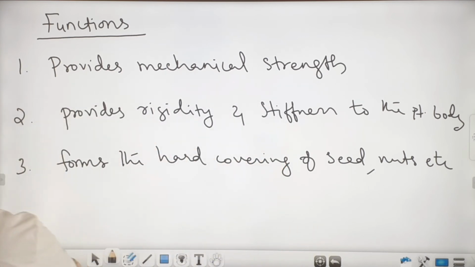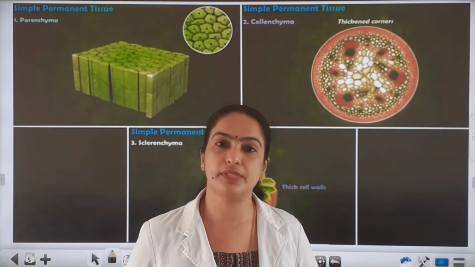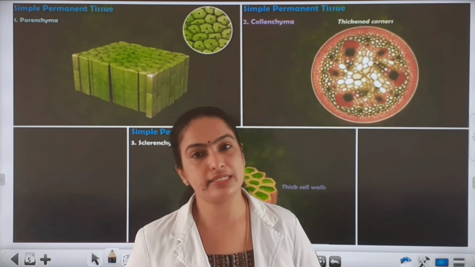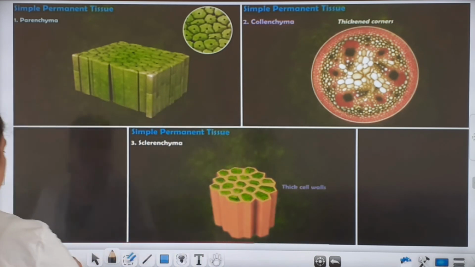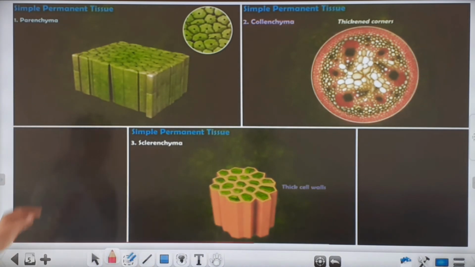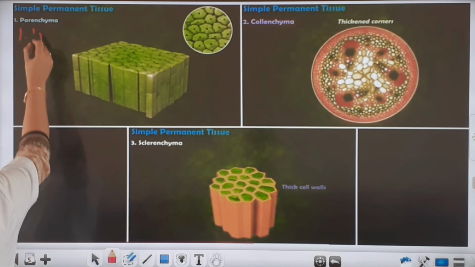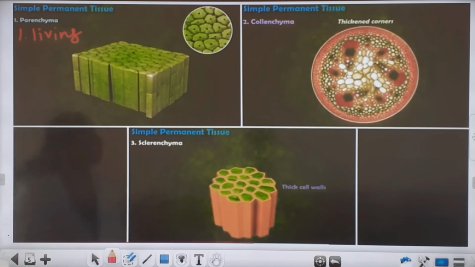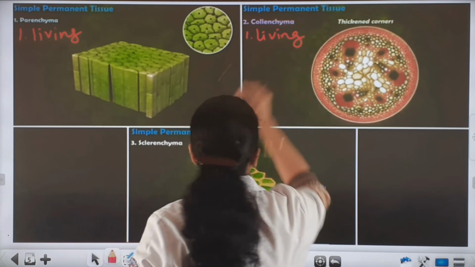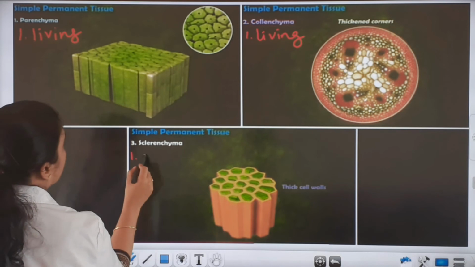Next we can see a comparative study of all the simple permanent tissues. As you know, the simple permanent tissues are parenchyma, collenchyma and sclerenchyma. Parenchyma is a living simple permanent tissue, and collenchyma is also living, but sclerenchyma has dead cells.